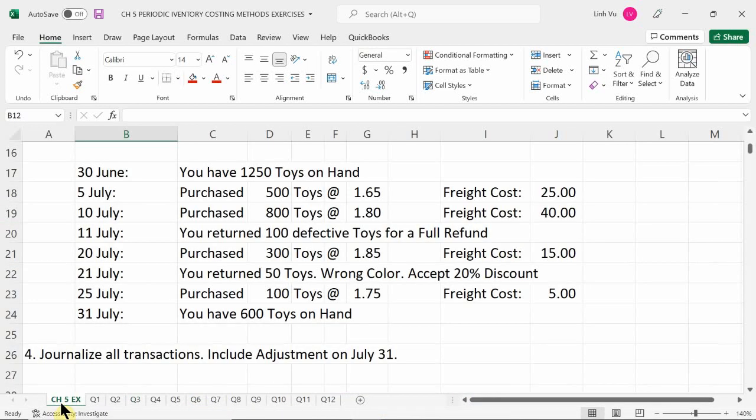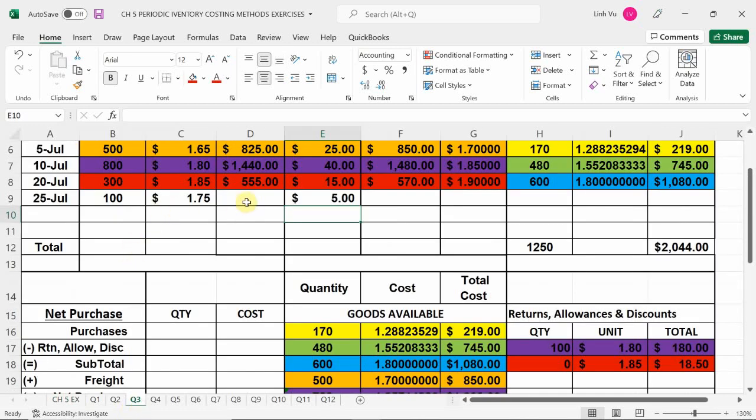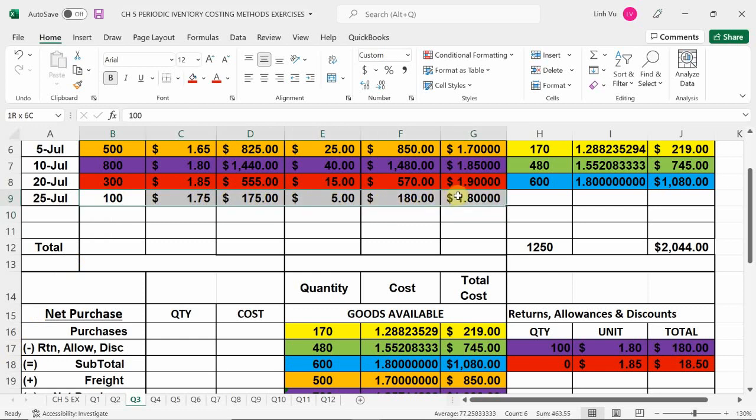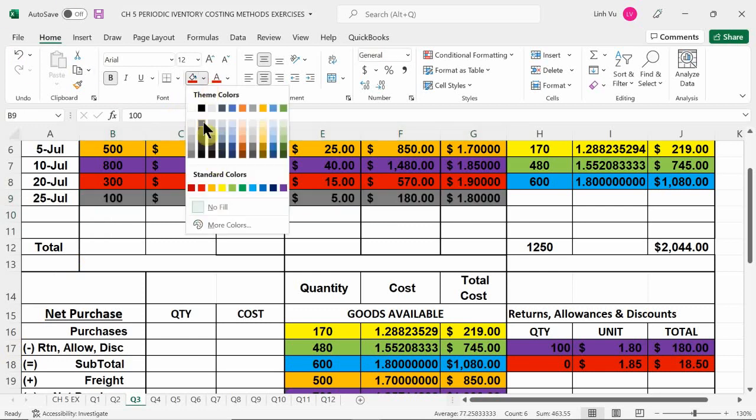Okay. And that is going to give me a total purchase price of $175 plus 5 gives you $180. Divide that by 100, you should get a cost per item of $1.80. And this one, let's see. I'm going to go ahead and use gray for this one.